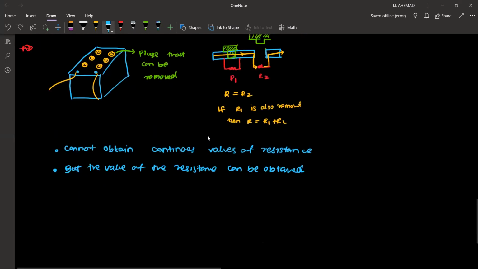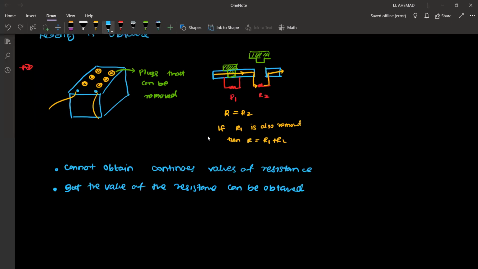So that is note number 1. Note number 2.